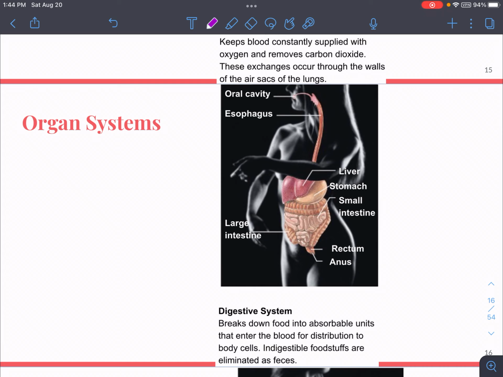And whatever's left, the large intestine mostly sucks out water. Then whatever your body cannot digest is eliminated as feces. So your digestive system starts at your mouth and ends in the anus. So this is one organ system that has an entry and an exit hole.